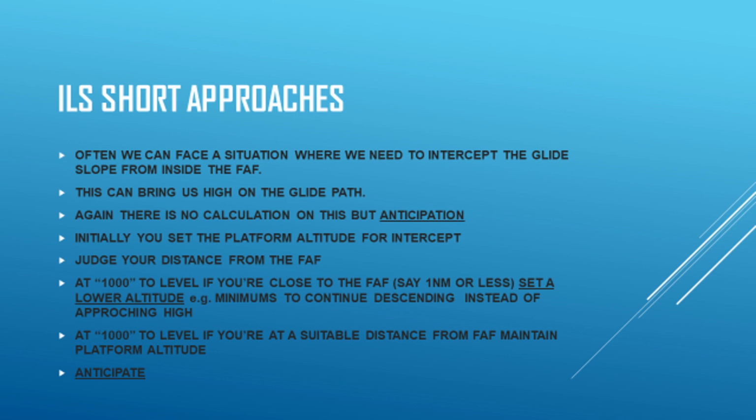So if you are very close, just set a lower altitude so the aircraft keeps descending and you don't level off. You can set a low altitude like the minimums of the ILS, and that's basically what you can set. At 1000 feet to level, if you are at a suitable distance from the final approach fix, you can maintain that altitude all the way until you intercept.